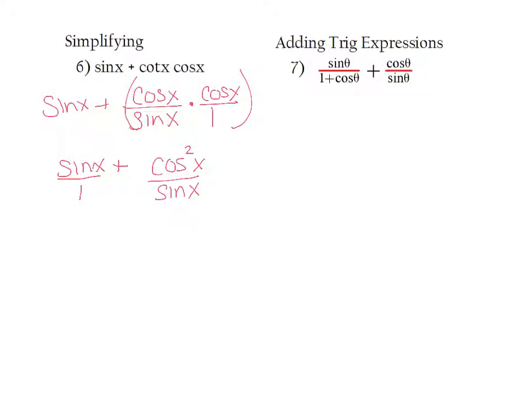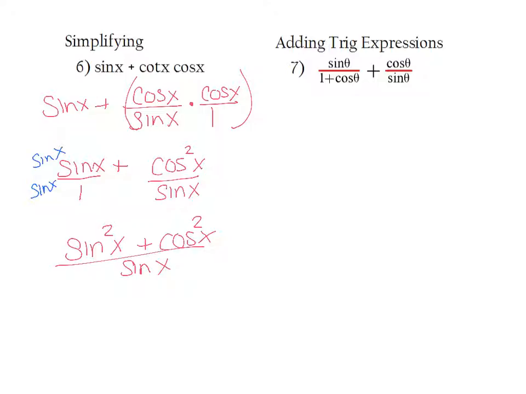It appears that my common denominator on this example will just be sine x. On the left, I have to take it times sine x, and on the right, I already have that. This will become sine squared x plus cosine squared x over that common denominator sine x.